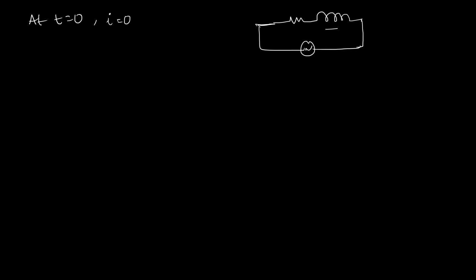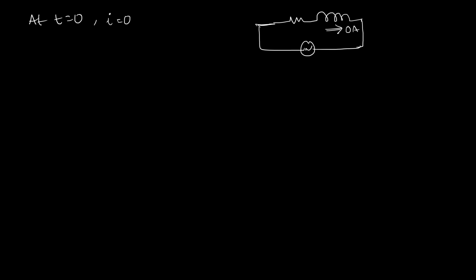What is the property of an inductor? An inductor does not allow sudden changes in current. So at t equal to 0, because the initial inductor current was 0, even though we close the switch, at the time of closing the switch also, current I equal to 0. Okay, so I'll show here the resistor and inductor, right? The switch was closed, so this was excited by the supply. Now, what is the initial current through the inductor?